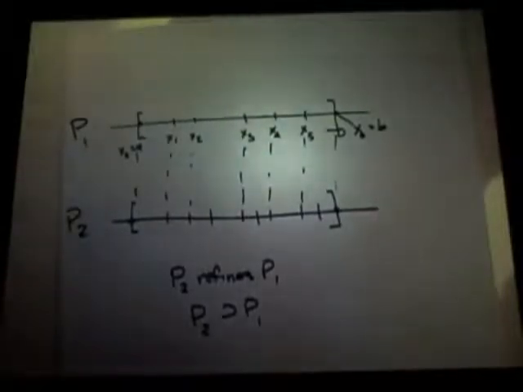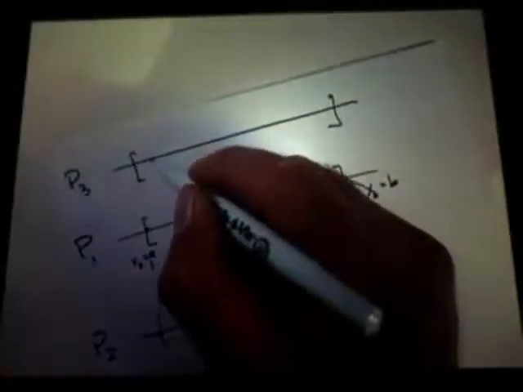Now, there could be a third partition of the same interval that has no points in common. We wouldn't say that P3 refines P1 or that P1 refines P3. They're not comparable, right? They're just different sets.